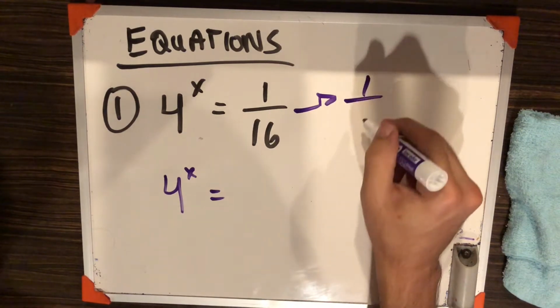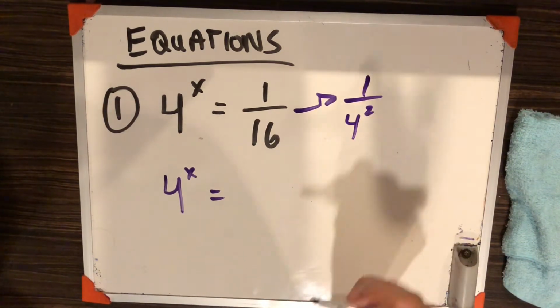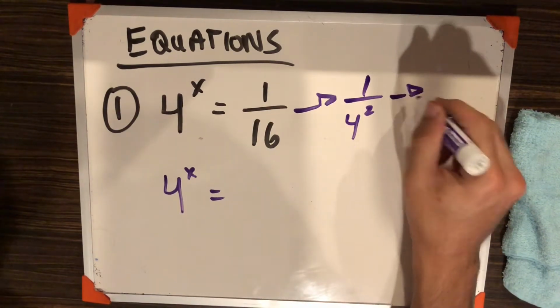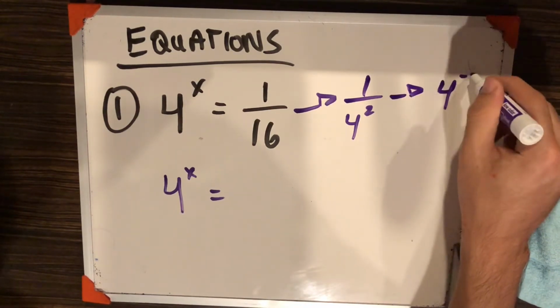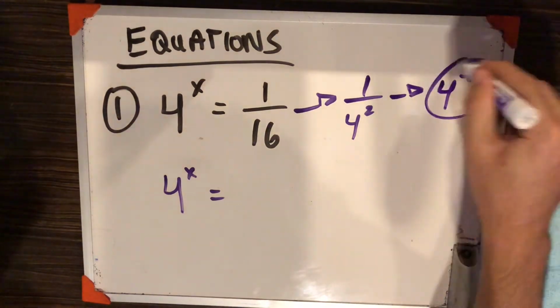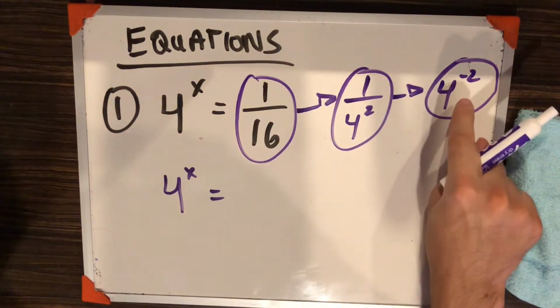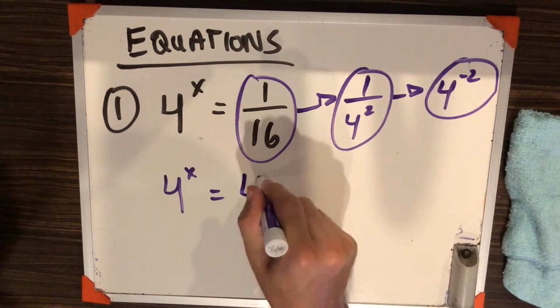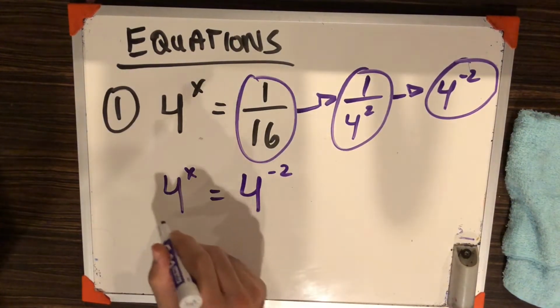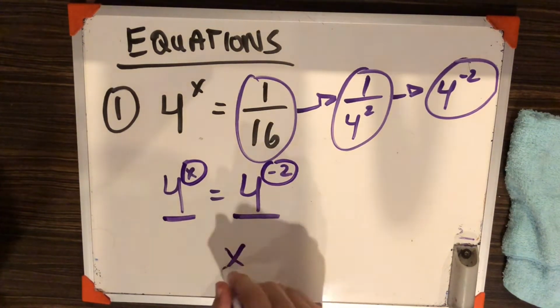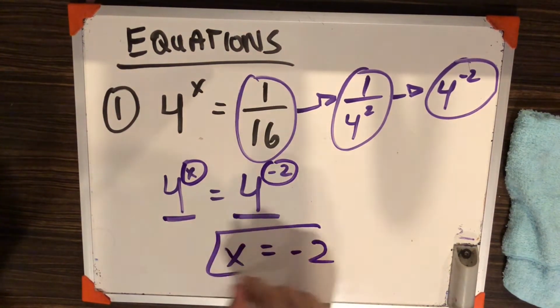Well, we can say 1 over 4 to the second. Okay, we're kind of getting there. How about we say 4 to the negative 2, right? All these are the exact same thing, except now I have a base of 4. So 4 to the negative 2. Well, same base. That means I can set these equal to each other. So x is equal to negative 2.